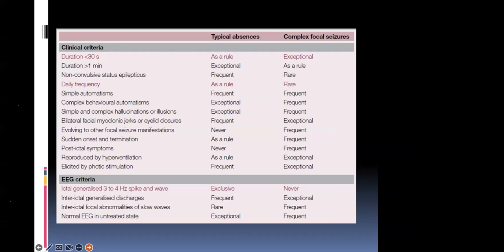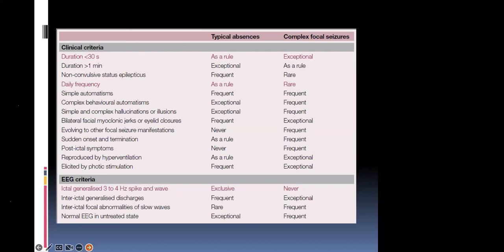As we noted earlier, IGEs are commonly associated with myoclonic jerks. These myoclonic jerks can be in the eyelids or the neck or the facial muscles or upper limbs or the trunk. It is very unusual for complex partial seizures to have myoclonic jerks.